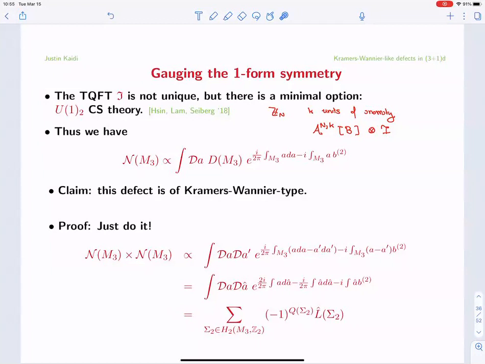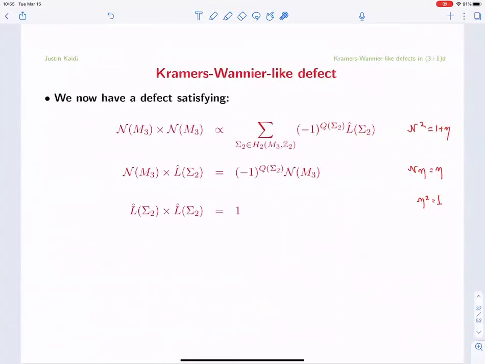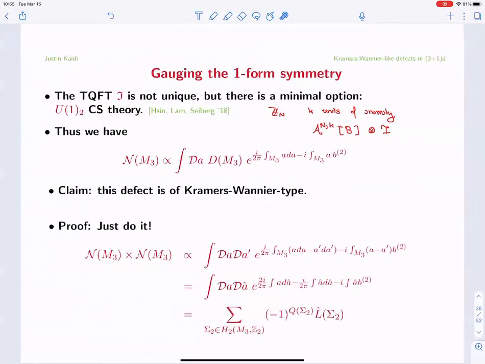Yeah, thank you. This U(1) level 2 theory also has a framing anomaly. Is it going to be important to you? The framing anomaly, no, is not going to be important.